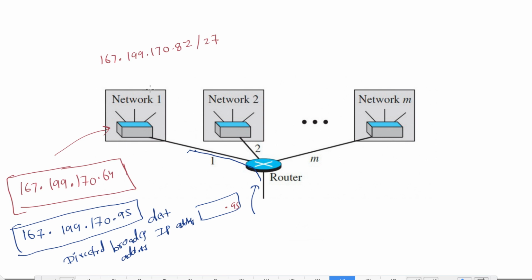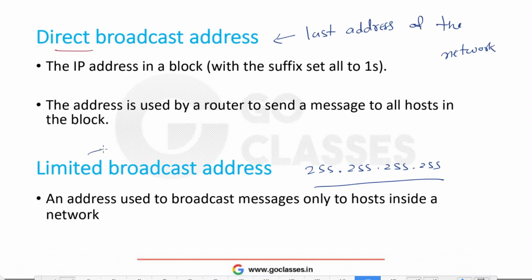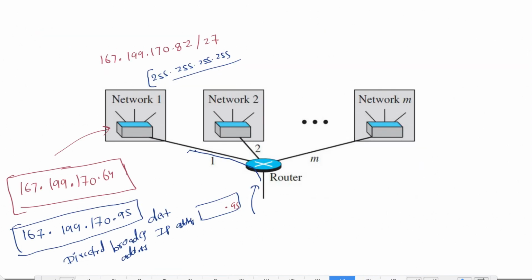You can just say 255.255.255.255, and this packet will get transmitted to every host in this network. This is also called the local broadcast address. Local means you can use it within the network only.